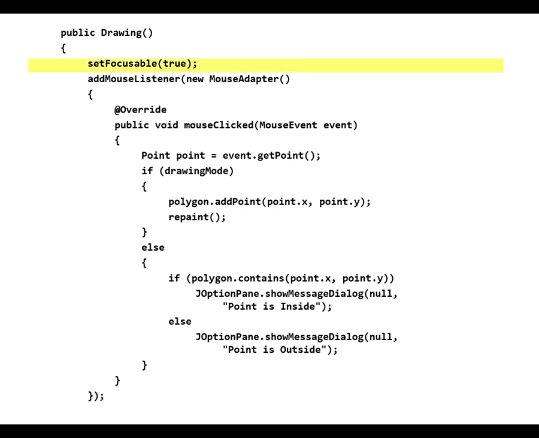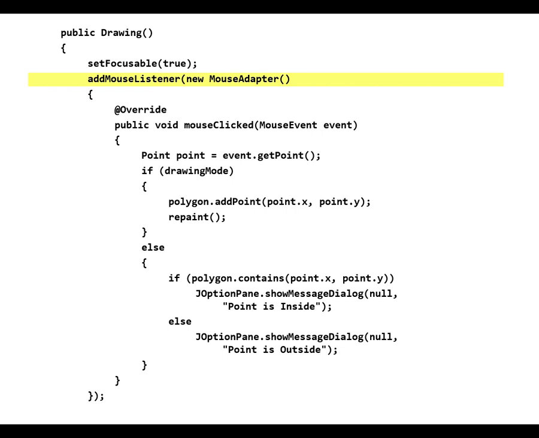Calling the method setFocusable ensures that key events will be directed to this panel rather than the frame it is contained in. The call to addMouseListener is registering the anonymous object that follows as the listener for mouse click events. We are using the MouseAdapter to avoid having to provide 4 empty methods.